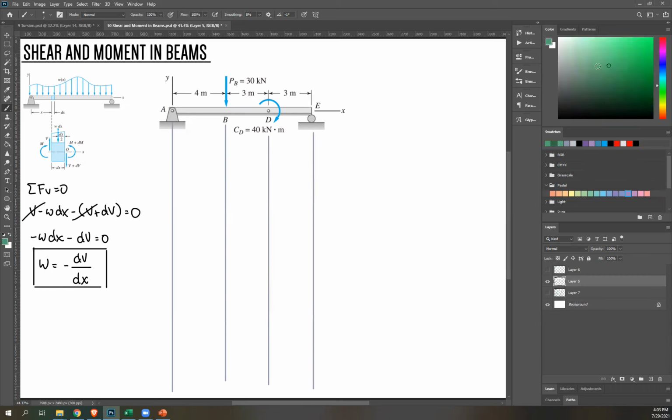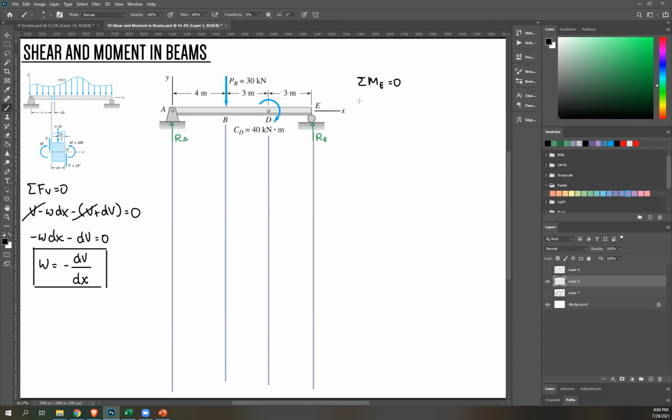So this is your RA, and then RB, RE. So we already know how to solve, that's just moment. So summation of moment about any of the supports, I'm going to choose E. So summation of moment at E equals 0.